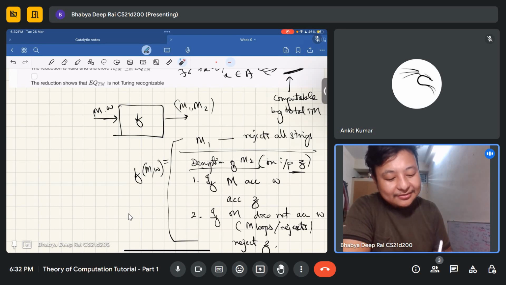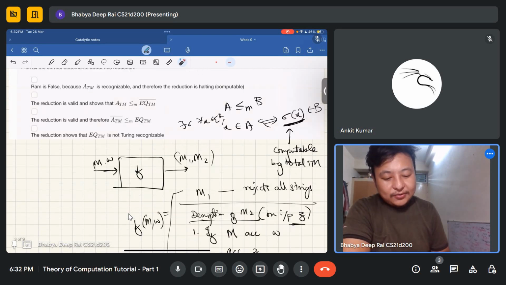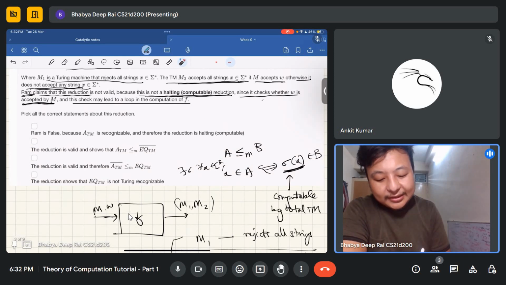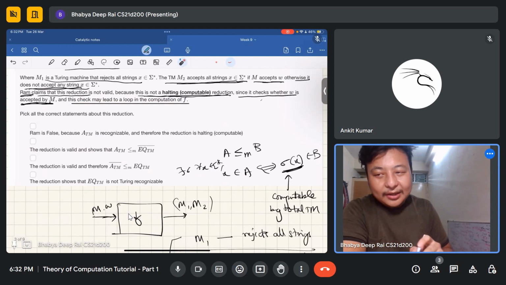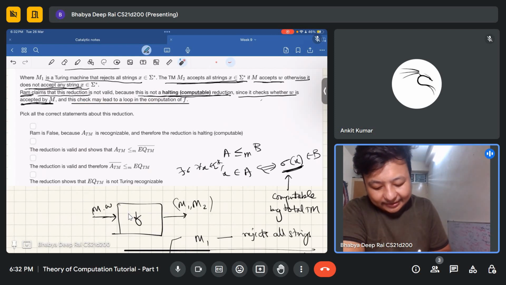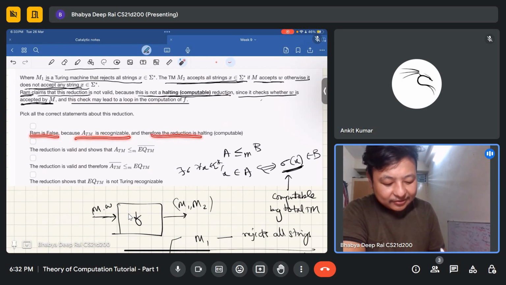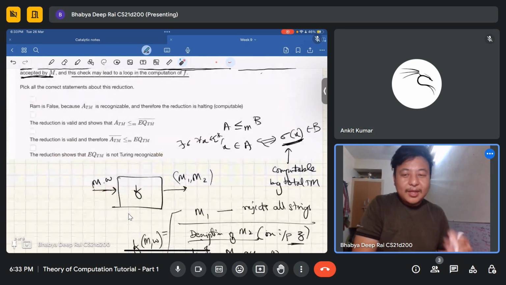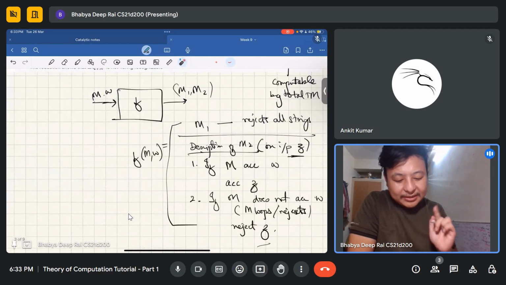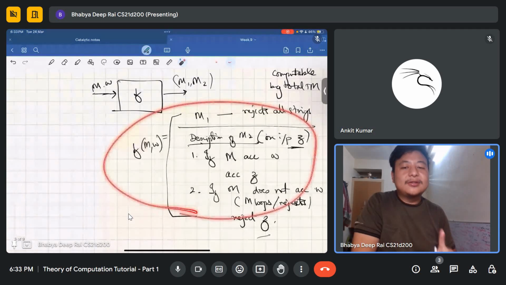Ram is saying that this is not a valid reduction, because this check may lead to a loop in the computation of f. So that's why the statement says Ram is false because ATM is recognizable and therefore the reduction is halting computable, and so on. But the main thing we want to answer first is: is this a valid reduction or not?